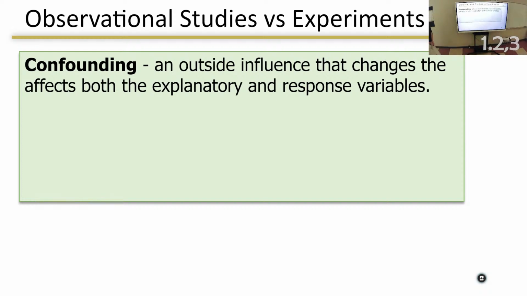I can't tell if the response is happening because of the explanatory or something else. I can't tell if there's more drownings because of ice cream or because of the heat.